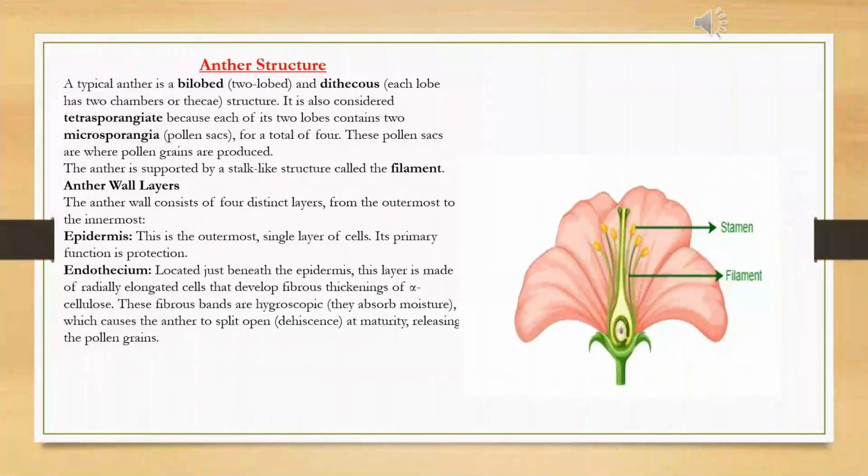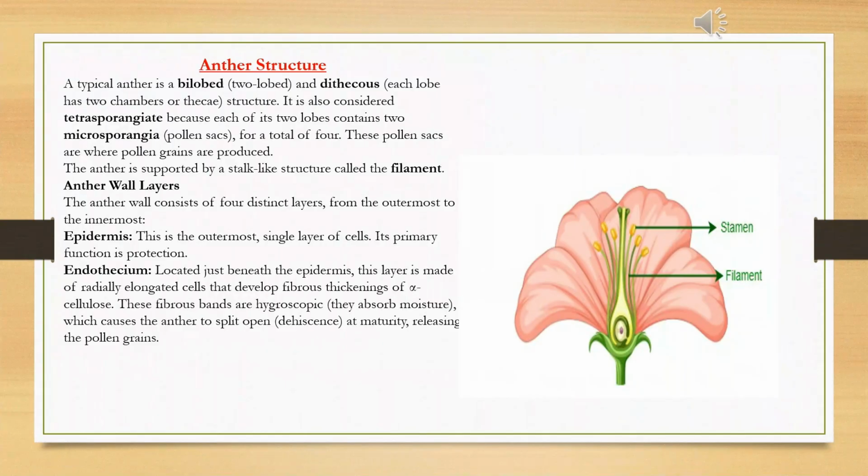The structure of anther. A typical anther is bilobed, meaning it contains two lobes, and dithecous. Each lobe has two chambers or thecae.